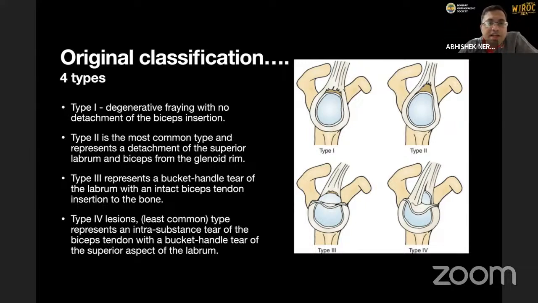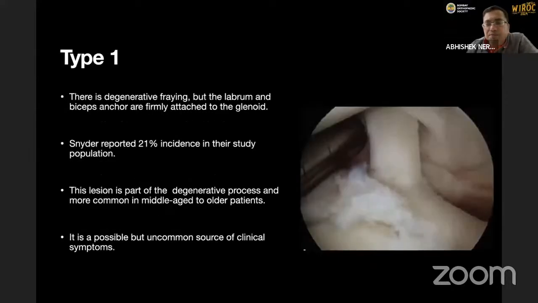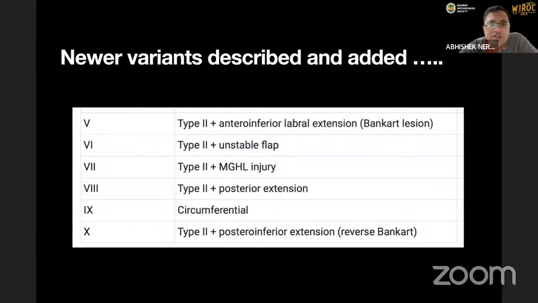Type 2 is a detachment of the superior labrum and the biceps from the glenoid rim. Then you come to type 3, which is a bucket handle tear, like a bucket handle tear in the meniscus, in which you'll see a rim of superior labrum, but the biceps is still attached. And in type 4, the biceps also tears along with the superior labrum. Okay, in view of time, I'll skip this.